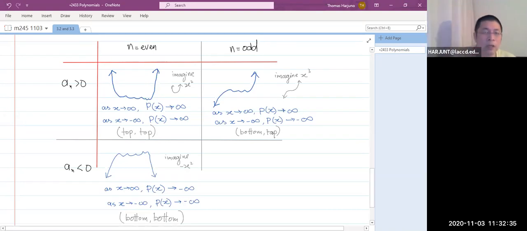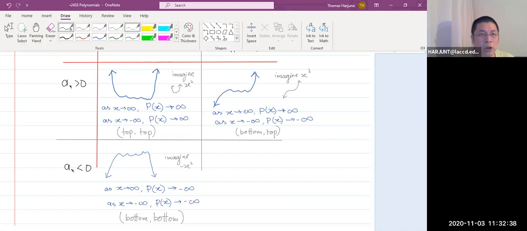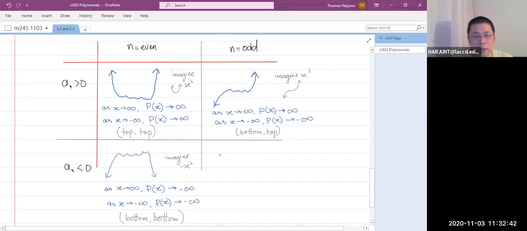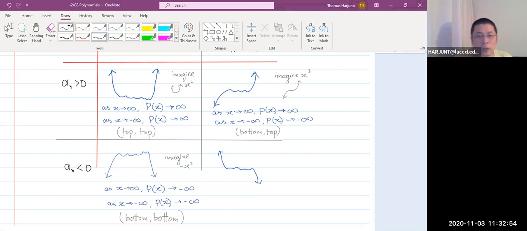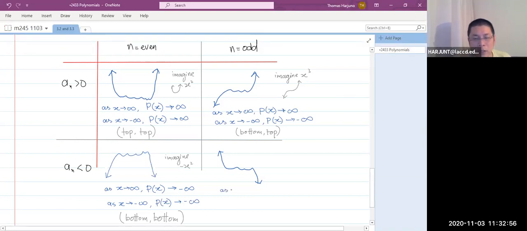Now, what happens if the degree is odd, yet the leading coefficient is negative? Then you basically flip that upside down. So you will see as x goes very far to the right, the polynomial will become negative infinity.